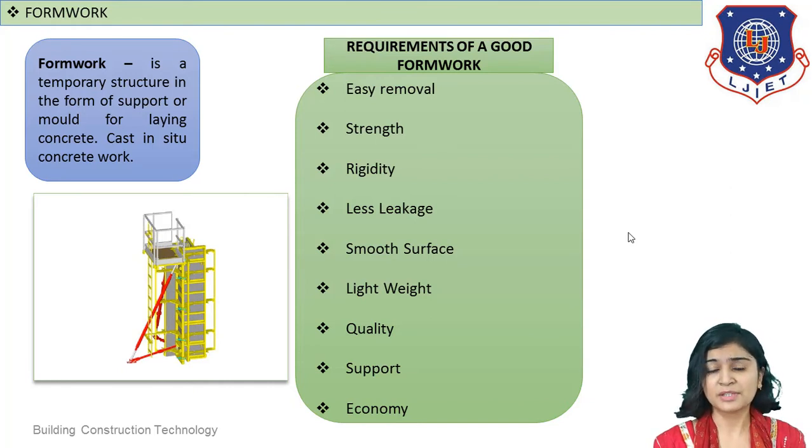Lightweight. It should be as light in weight as possible to avoid unnecessary heavy loading after pouring of concrete, and also to make it easy to handle. Quality. Quality is important in all kinds of construction, in masonry construction, in formwork, in all types. Support. Let me say that if you are looking at a construction right now, you can see that the already constructed slab on the top story has slab formwork, and below that, vertical supports shall be provided.